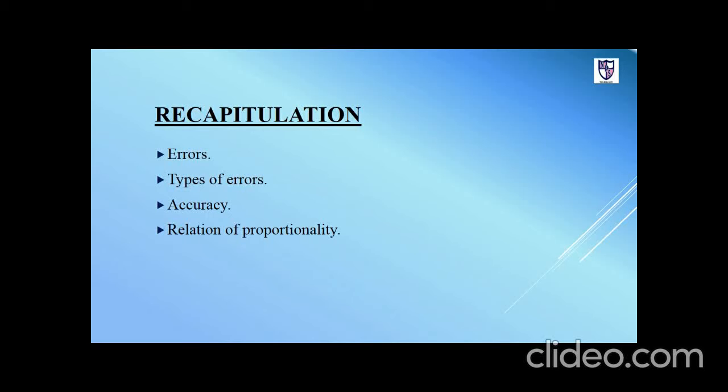Personal error belongs to the person who is performing the experiment. A random error is also called accidental error. This arises due to experimental conditions. And systematic error is due to fault in the measuring instrument and is usually called zero error.